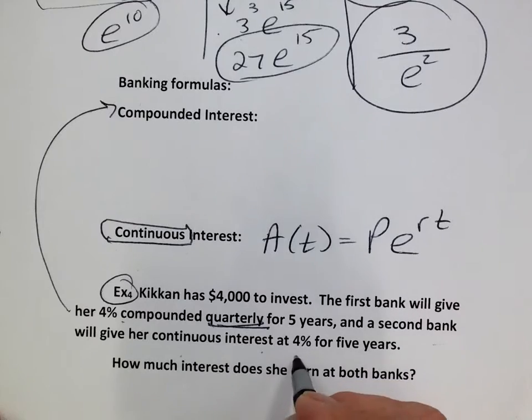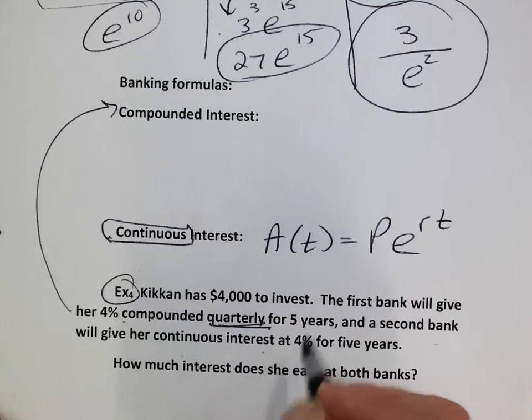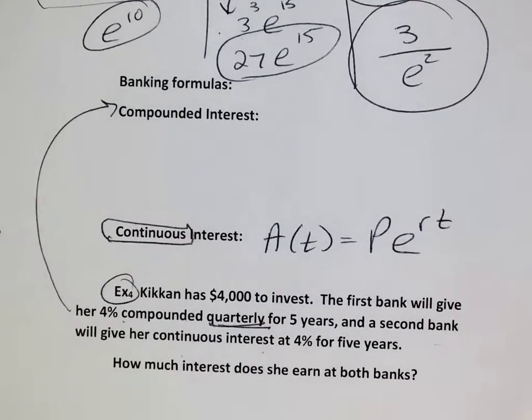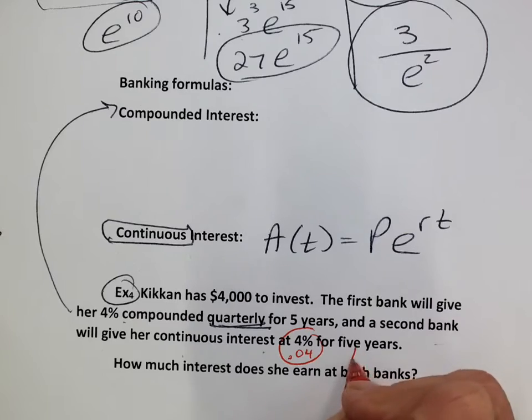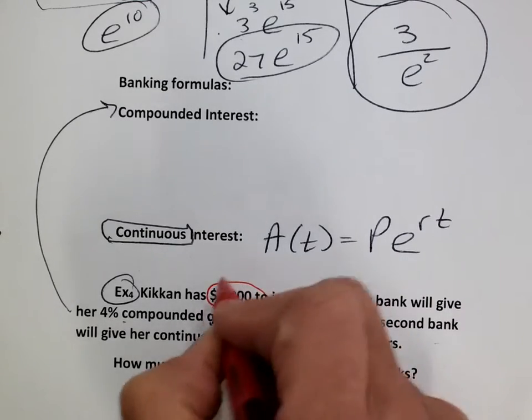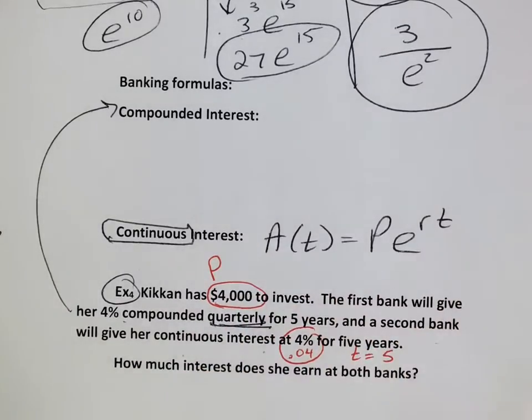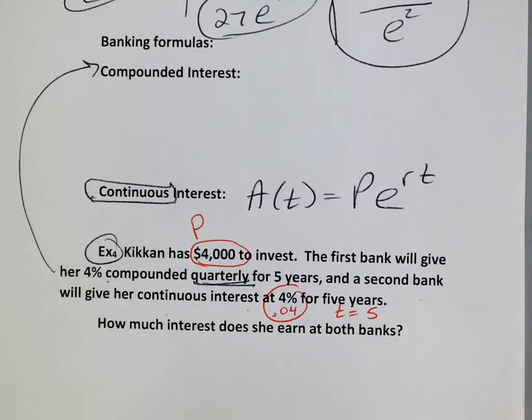All right, 4% is the same as 0.04. So 0.04 is my interest rate for 5 years, so t equals 5. And I'm going to plug in 4,000. This is not hard, I just have to use my calculator.